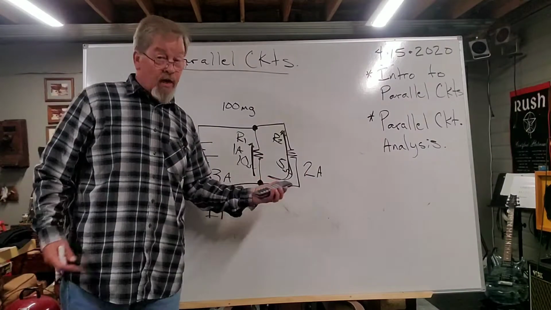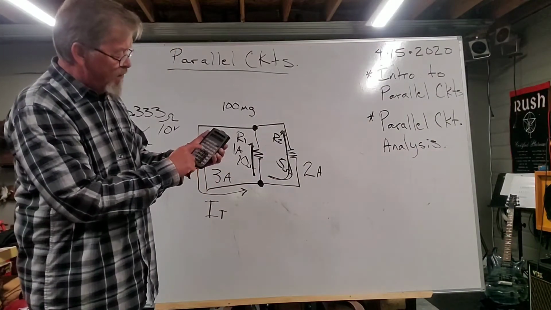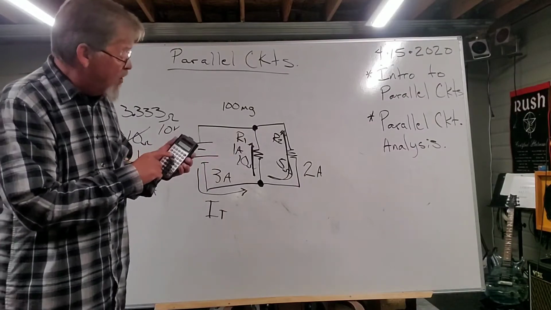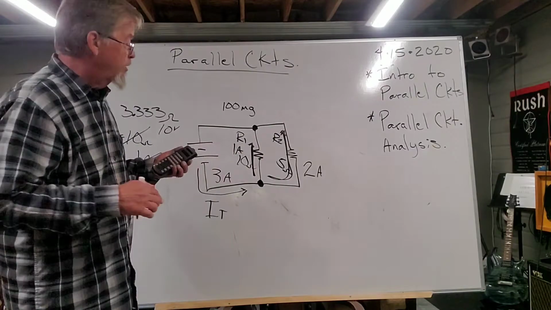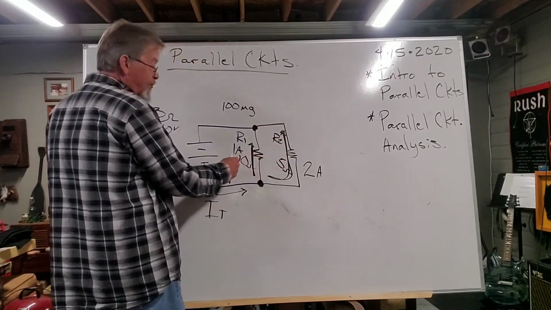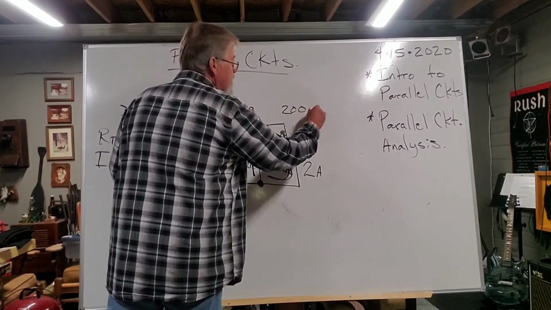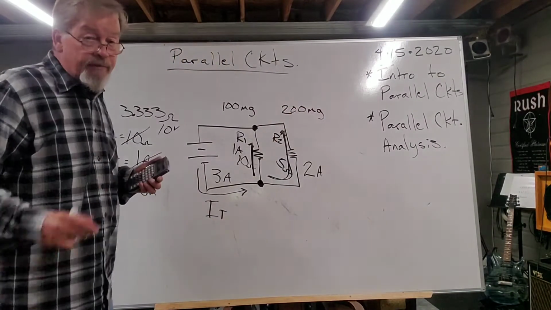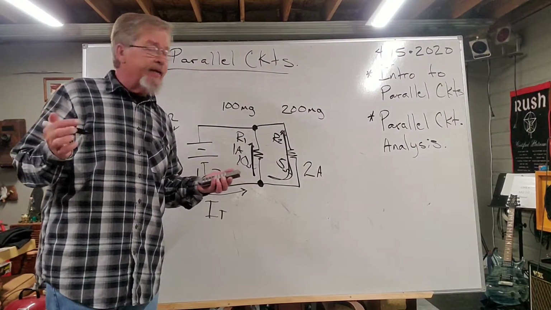I'm going to find the conductance because that's what I'm really adding up. So I'm going to take that 5 ohms, hit my 1 over X key, and I get 200 millisiemens. So now over here with the 5 ohms, half the resistance gives me twice as much conductance. And so in parallels, we're actually adding conductances.